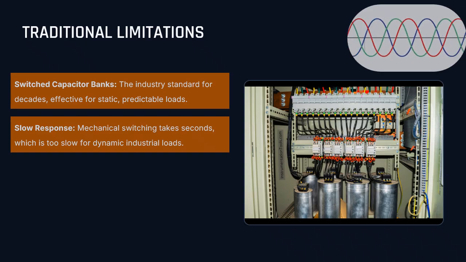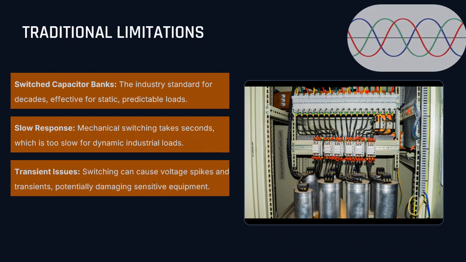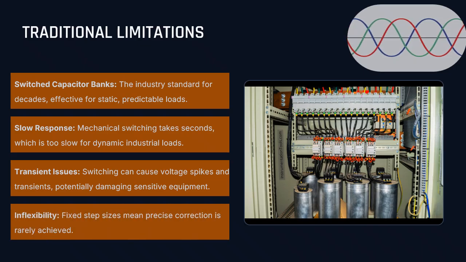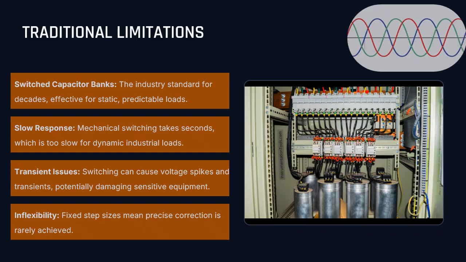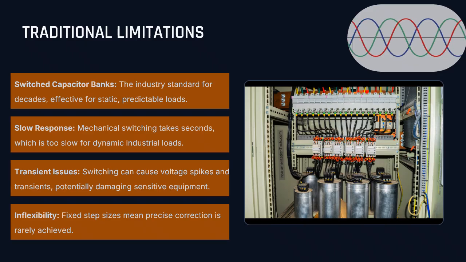This slowness is inadequate for modern, rapidly changing loads. Furthermore, mechanical switching can induce voltage transients, which may damage sensitive electronic equipment. Finally, these banks use fixed step sizes, meaning they often over or undercompensate, never achieving perfect efficiency.